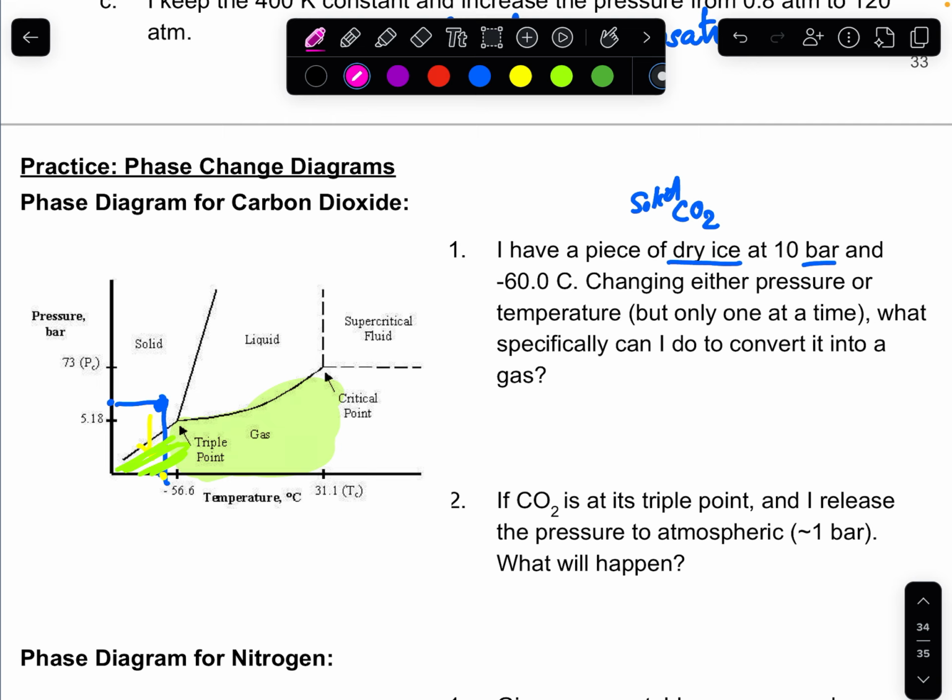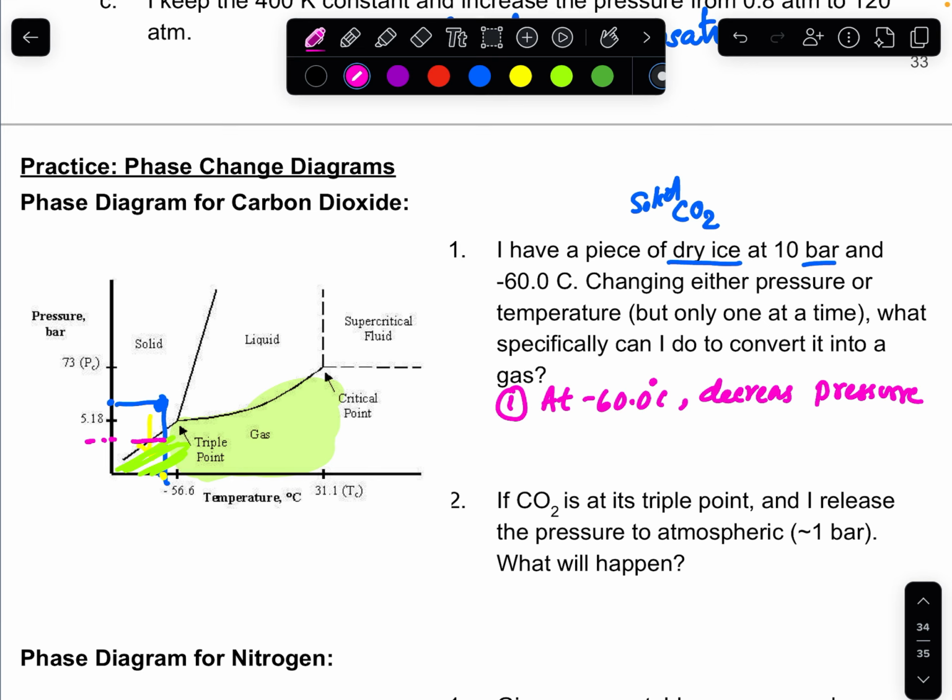So I'm going to write: keeping the temperature constant at minus 60 degrees Celsius, decrease the pressure below, somewhere here, maybe 2 bar.